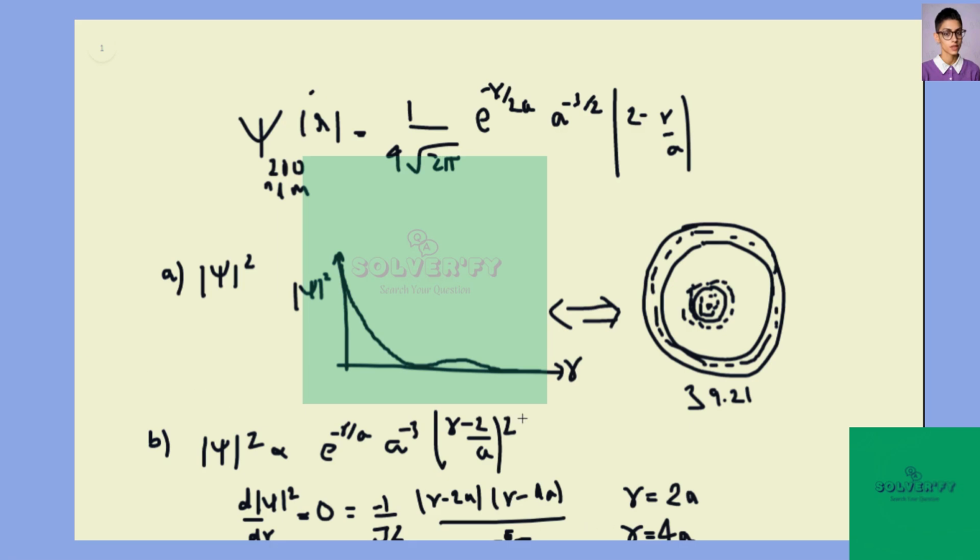Now, since the derivative is equal to 0, this only shows that there are two points at which the slope is equal to 0. One is r equal to 2a, and then we have another point which is r equal to 4a. As you can see, 2a corresponds to the minima and this is a point of maxima.